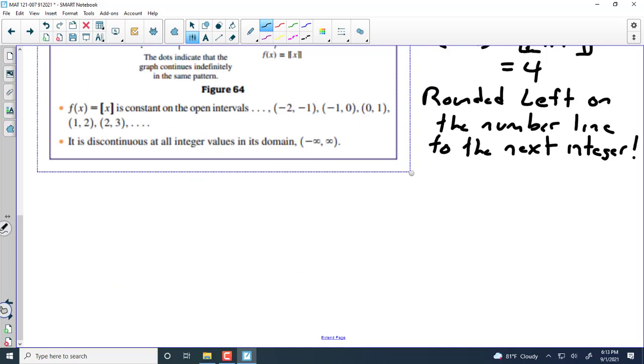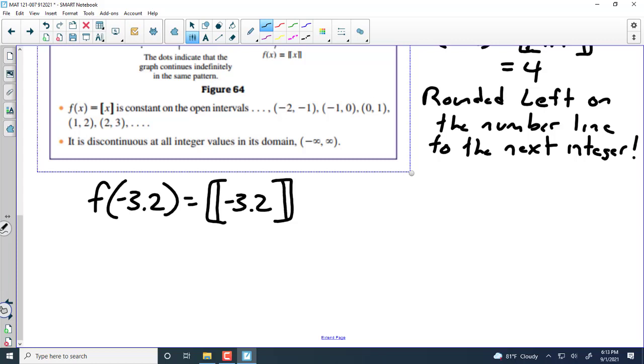Because if I plug in -3.2 in there, some people get very confused about what that should get rounded to. But this always rounds non-integers down. So if you think of the number line, here's 0, here's -3, here's -4, and right here is -3.2.